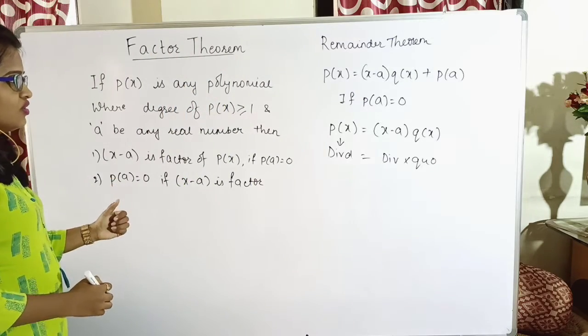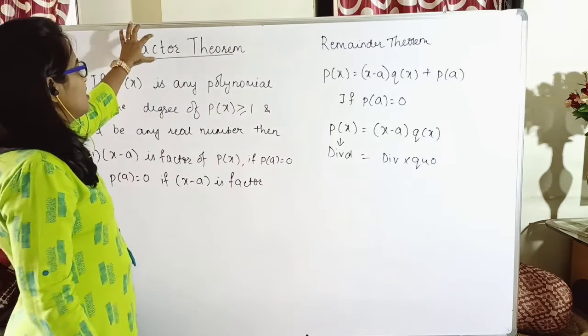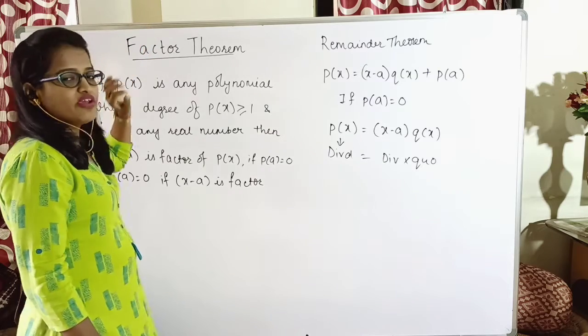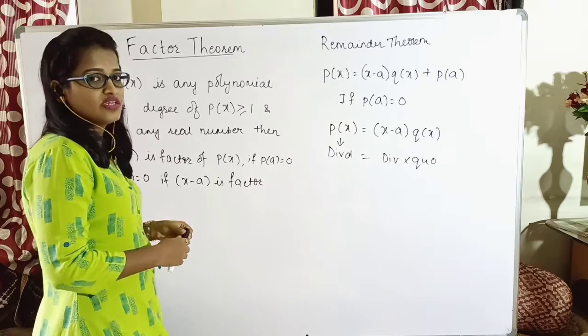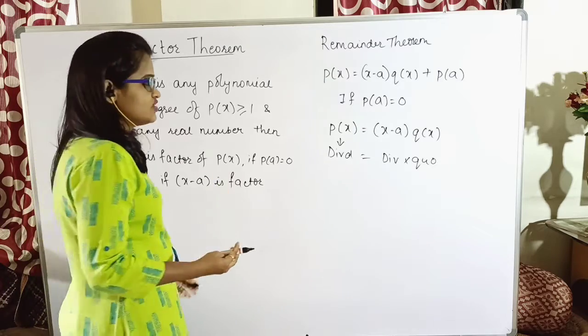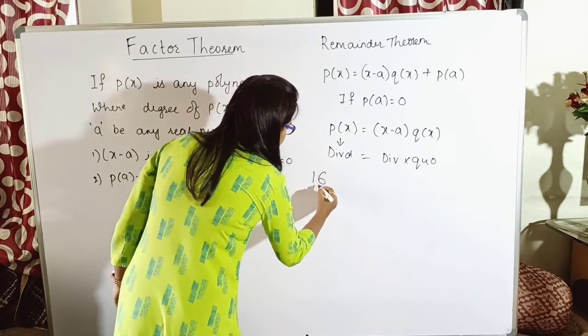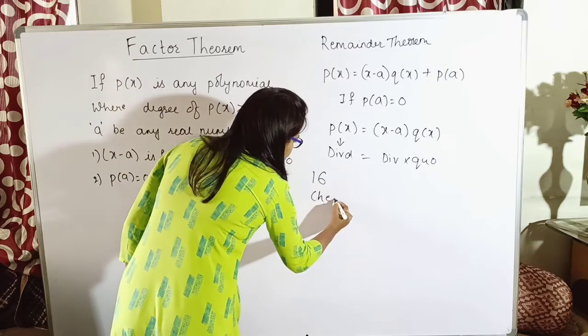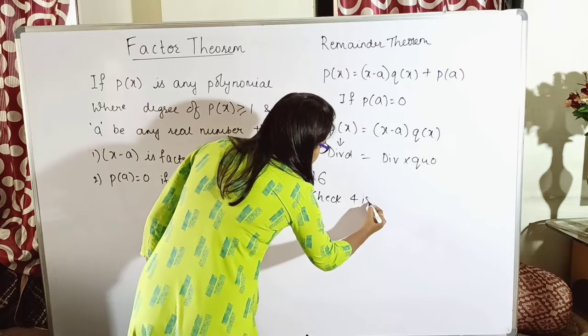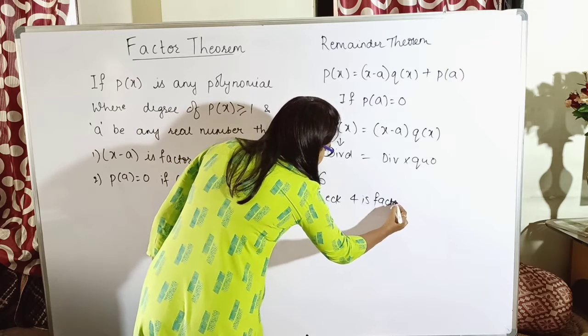No. Now first of all, let us see what is meant by factor. Now you have learned this concept. What is a factor? A factor is something which divides the equations. Or suppose if I say, I take the number 16 and I say check if 4 is factor of 16 or not.